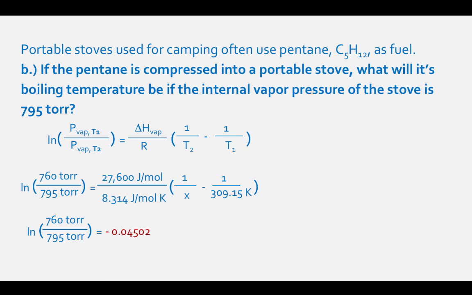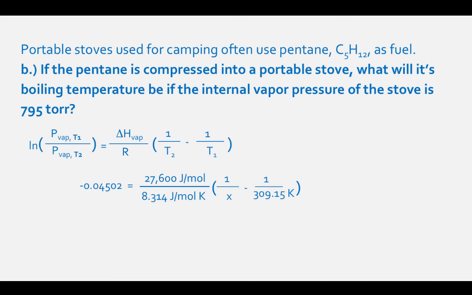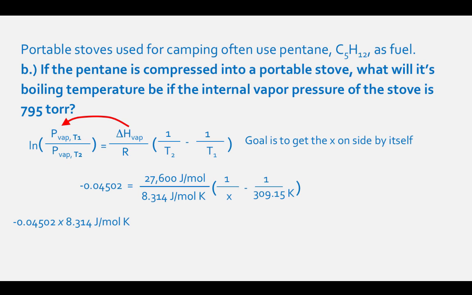0.04502. Then transfer the things which are multiplied by the temperature terms to the left side of the equation. Our ultimate goal is to get the x term on a side by itself. We will multiply each side of the equation by the gas constant of 8.314 joules per mole times Kelvin, and divide the heat of vaporization of 27,600 joules per mole, which equals negative 0.00001356.